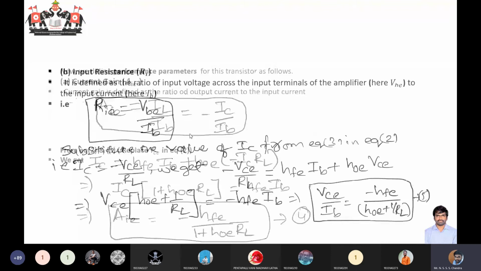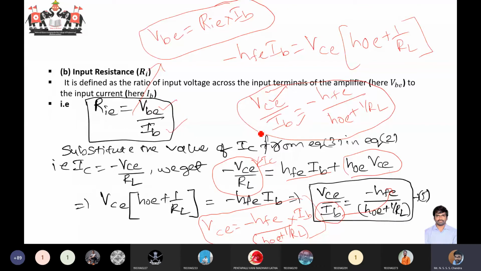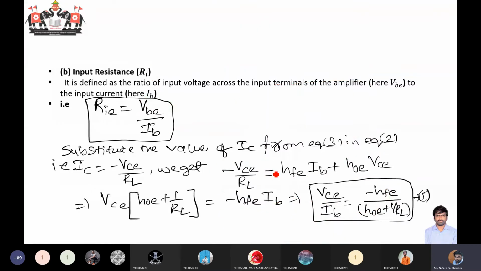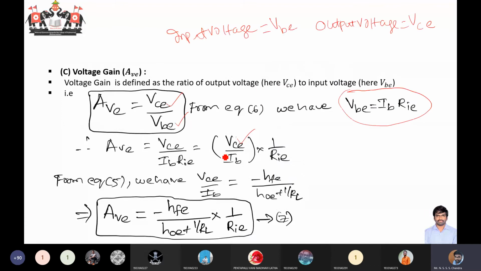What's the VCE by IB value that you have derived earlier in this equation? Please read it out. Minus HFE by HOE plus 1 by RL. Right. This equation we are going to replace over here.